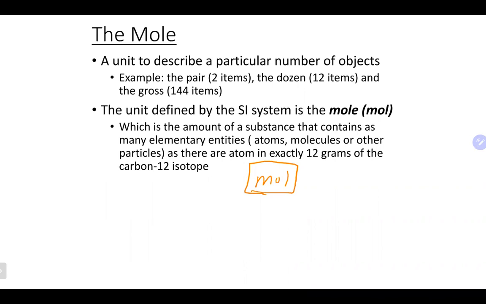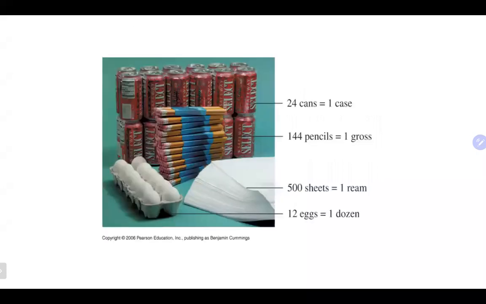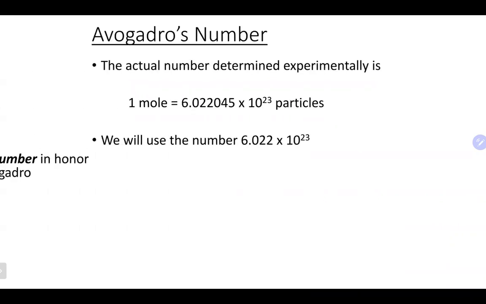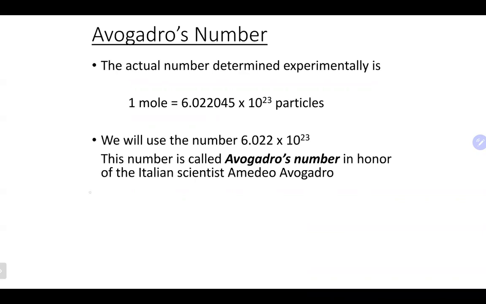So just like a pair of shoes and a dozen donuts, when you say you have a mole of something, it represents a certain amount of it. And that number, we'll come back to this, is referred to as Avogadro's number. So 1 mole of anything equals 6.022 times 10 to the 23.